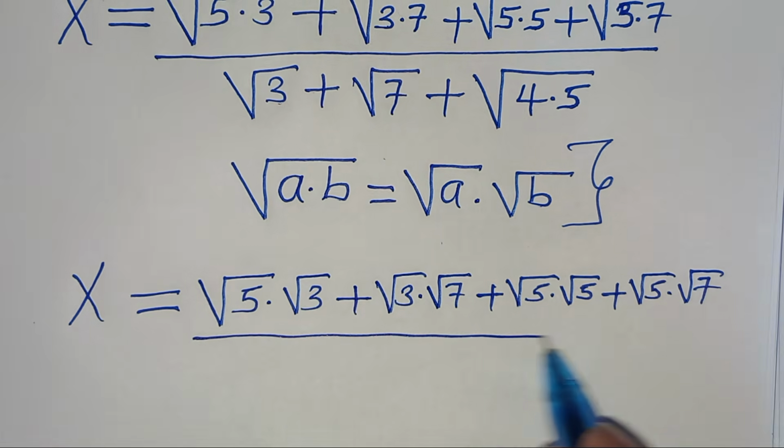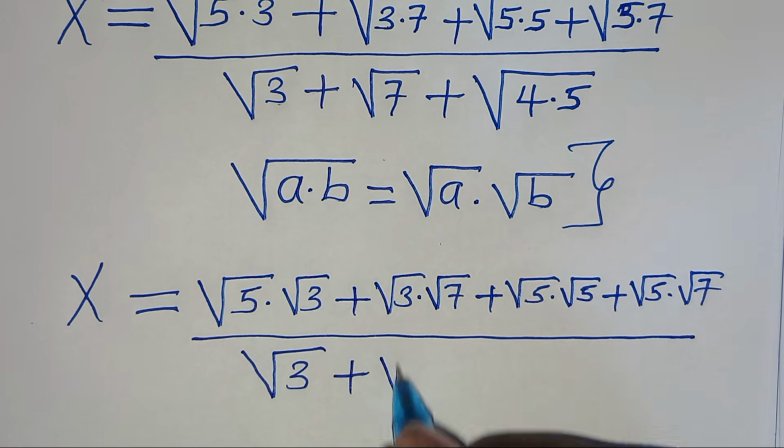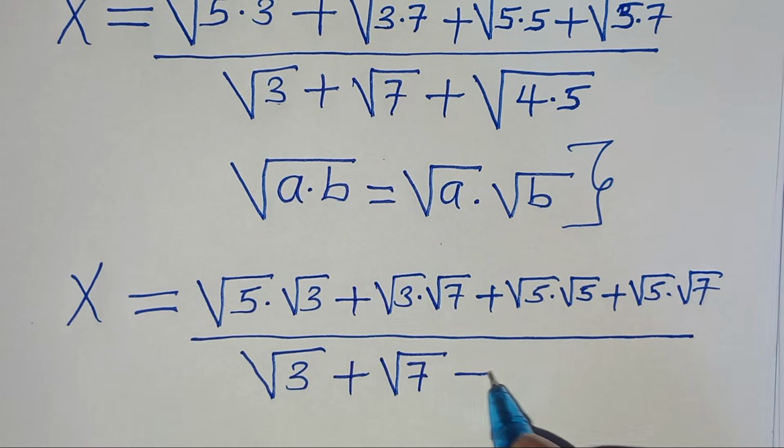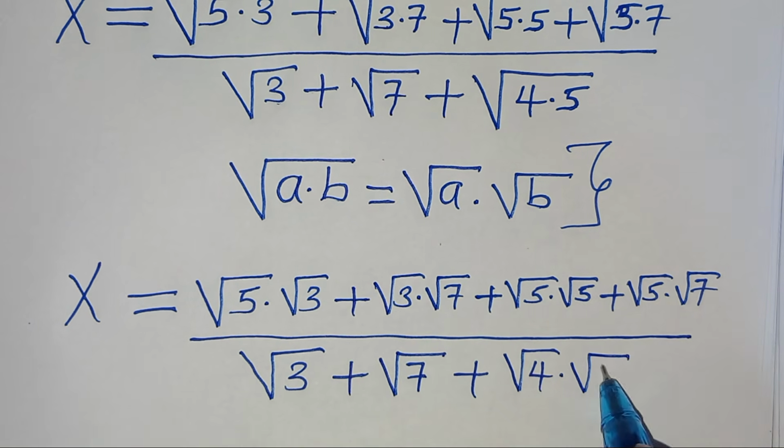Everything here is divided by the square root of 3 plus the square root of 7, plus the square root of 4 multiplied by the square root of 5.